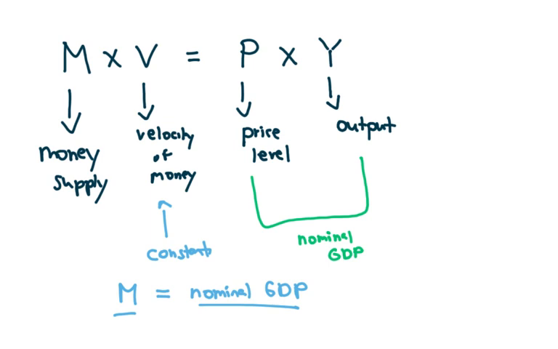So this is another way to think about it here. You'll see it referenced that output is sometimes held constant too, because the value of production really doesn't have anything to do with how much gets produced. So another way to think about this is basically M equals P, where if you increase the money supply, you're basically just increasing inflation.